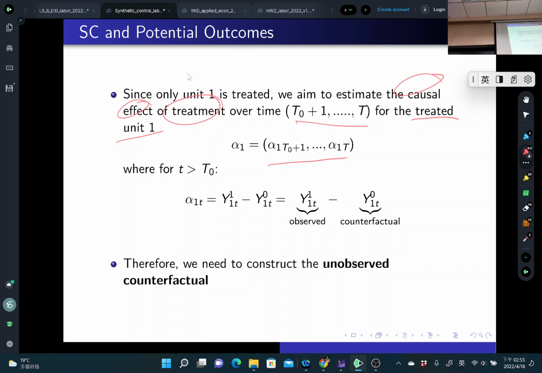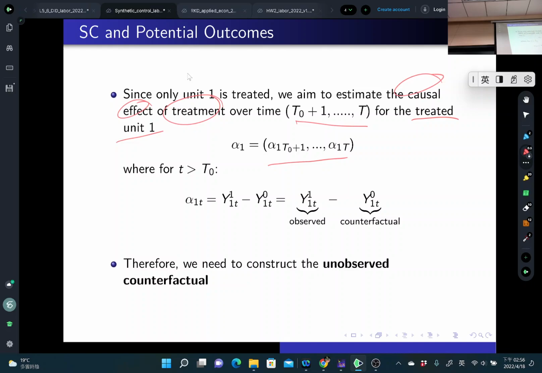But only Y1 is observed. Y0 we cannot observe, because unit 1 is the treated unit, and after treatment happened, only Y1 is observed.